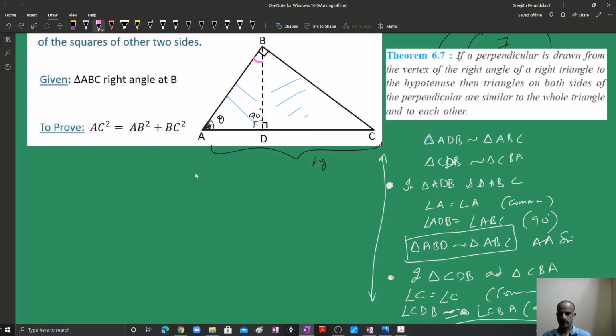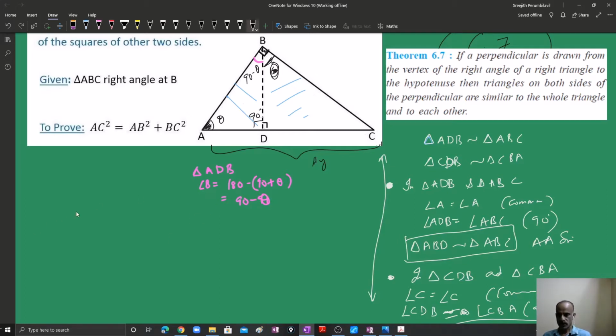In triangle ADB, angle B is equal to, by the angle sum property, 180 minus (90 plus theta), that is 90 minus theta. If the whole angle is 90, and this part is 90 minus theta, what is this? This is theta.